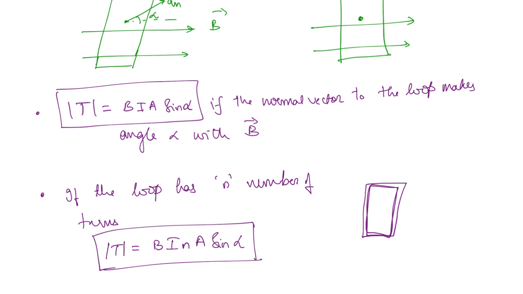Okay. Now we will see what is the magnetic dipole moment. So the torque expression, we have got the magnitude of torque. This is equal to BIA sine alpha, right, for a single turn. Now what is the angle alpha?